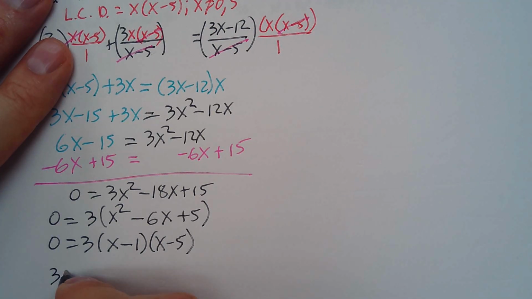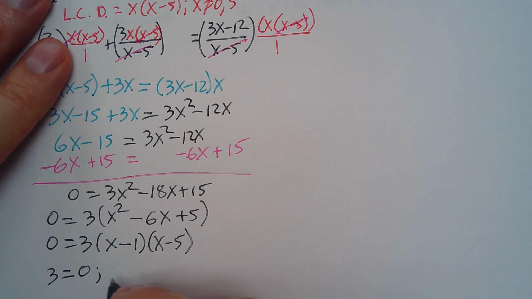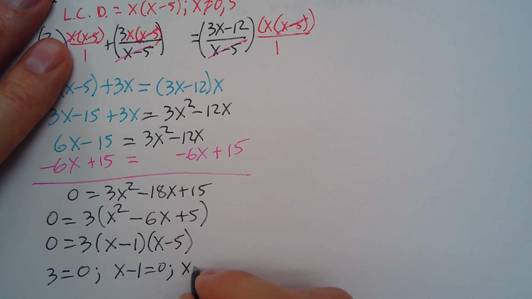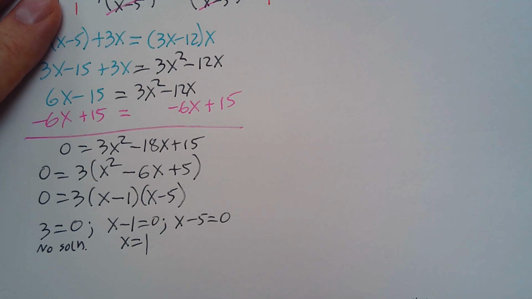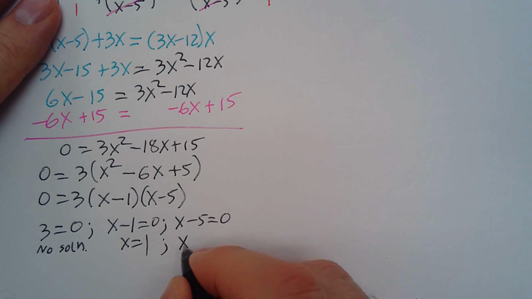So 3 equals 0. X minus 1 equals 0. And x minus 5 equals 0. This first one's going to give us no solution. Here we add 1, that gives me x equals 1. Here we add 5, we get x equals 5.